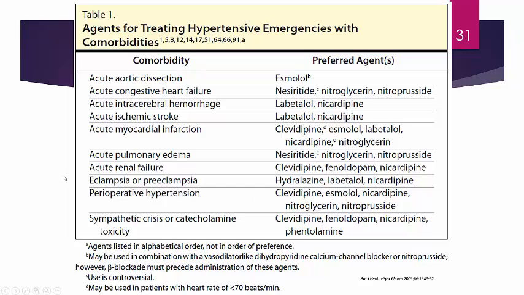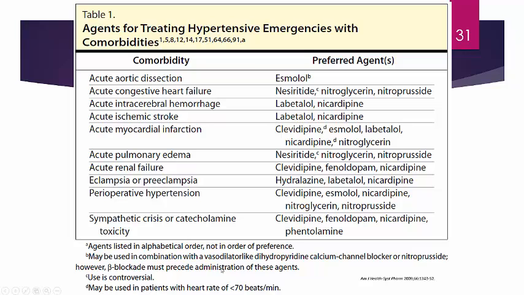So now that we have all of these different IV agents for hypertensive emergencies, how do we essentially determine which one to use in which patient? The most common way to determine that is to see what data each of these agents has behind it and in what comorbidity.